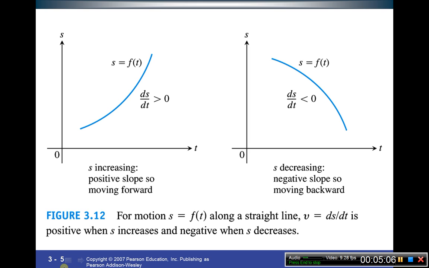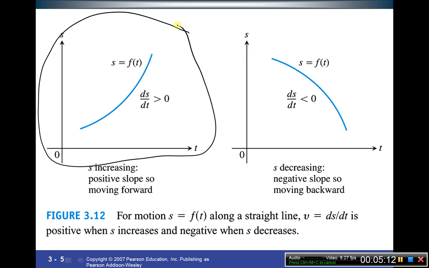Now, suppose you had a graph like this in which the position was increasing. You can look at this graph and see that ds/dt, which is the slope of the tangent line, is more than 0.